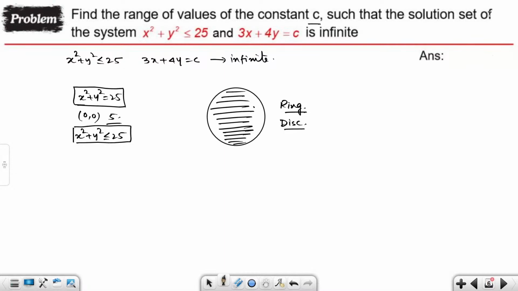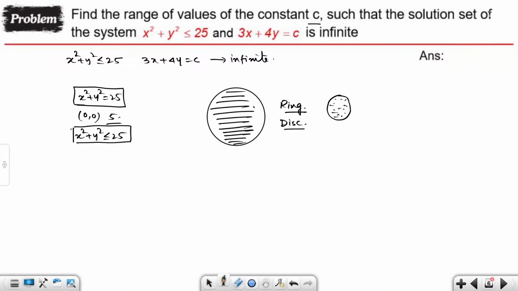What is a disk? If you consider a disk, you have seen the CD disk, isn't it so? In that CD disk, every point inside as well as on the circumference is considered. It is a disk. And when the points are on the circumference of the circle, that's a ring.